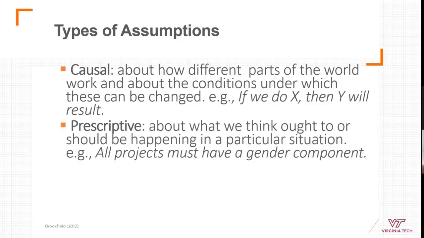And then there are prescriptive assumptions, which have to do with what we think ought to happen or should happen in a particular situation. And again, they might be very good assumptions. Like you could assume that all projects must have a gender component. That could be true, but it's normative and prescriptive in that sense.